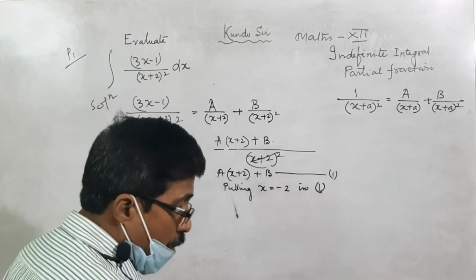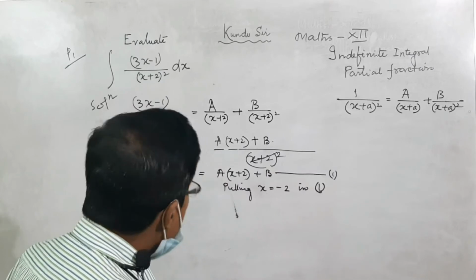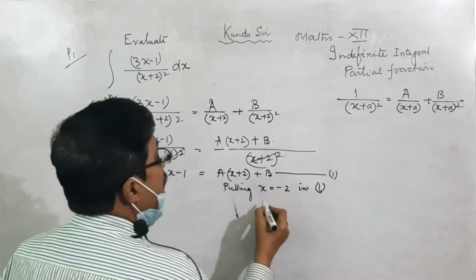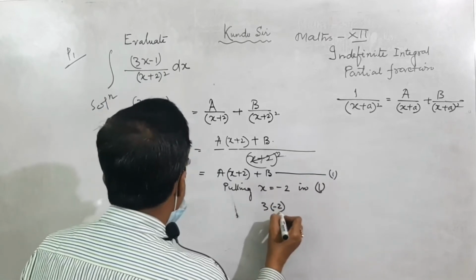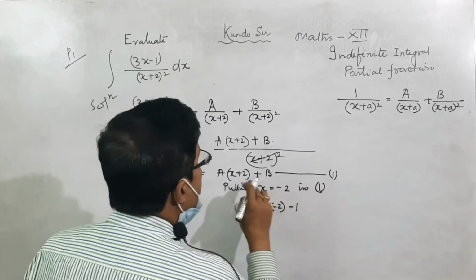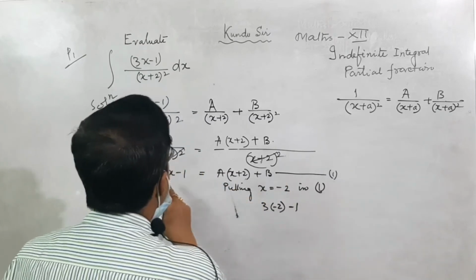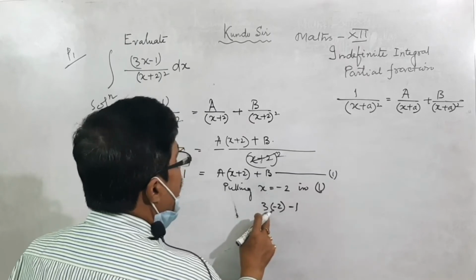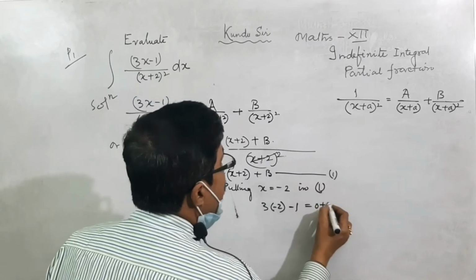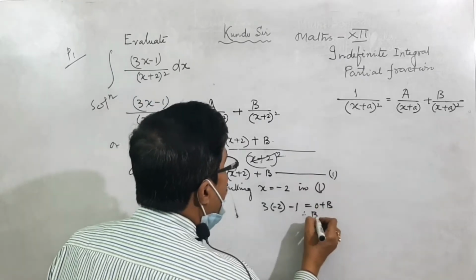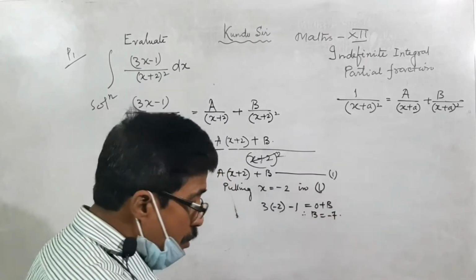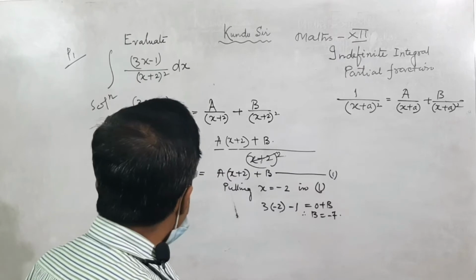Then we are getting 3 into minus 2 minus 1 equal to 0 plus B. Minus 2 into 3 is minus 6, minus 1 is minus 7, equal to 0 plus B. Therefore B equal to minus 7.